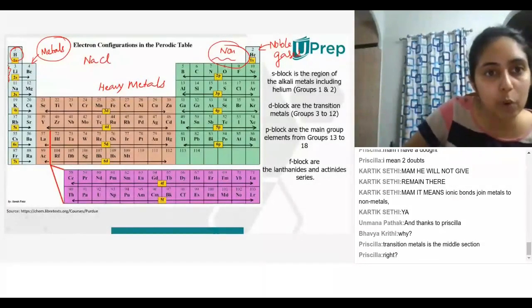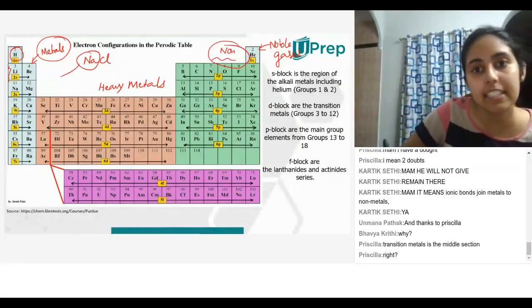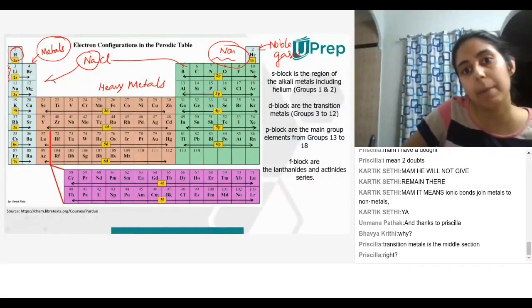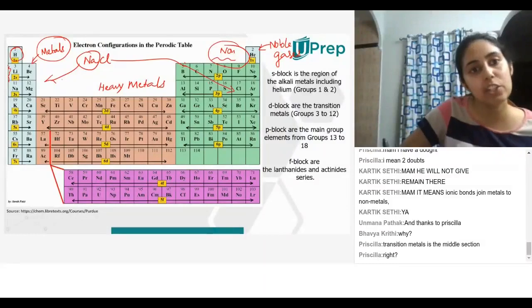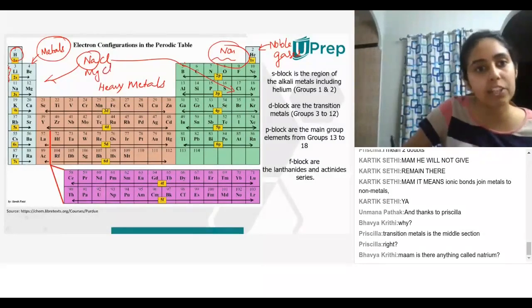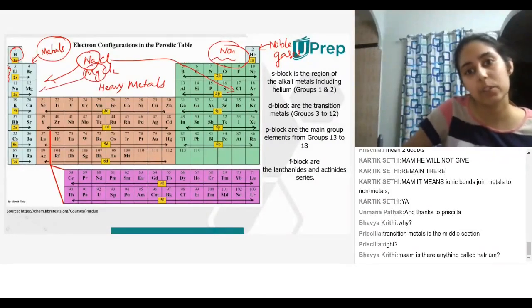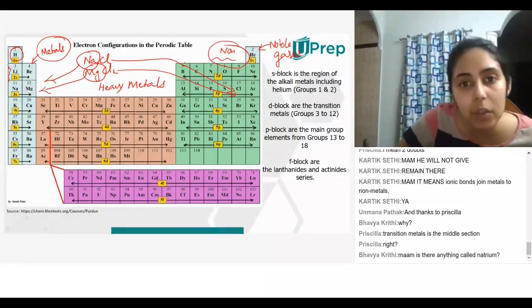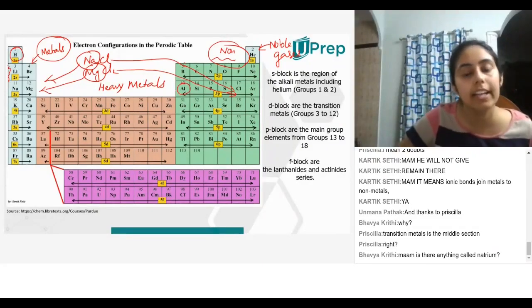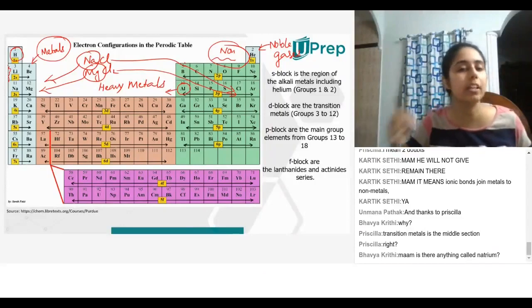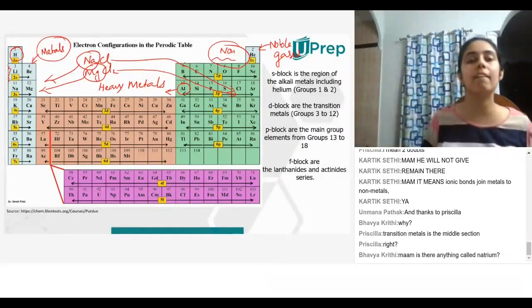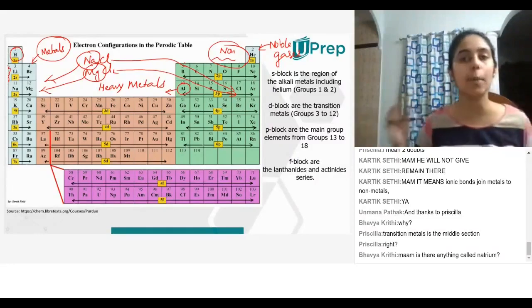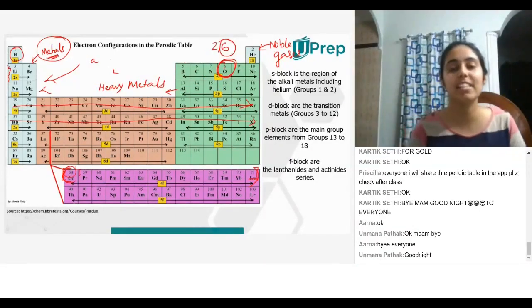Na is over here, and Cl is on the non-metal side. And in MgCl2, magnesium is again over here, and Cl2 is again over here. By the way, guys, aluminum is a metal. And there are metalloids over here. Metalloids are elements which have properties that are a mixture of both metals and non-metals. Okay. I'll see you guys in the next class.